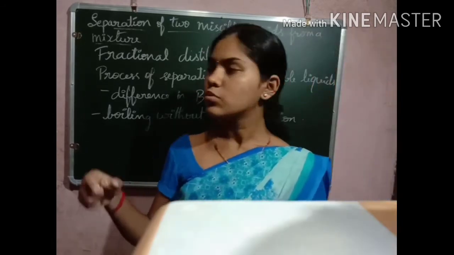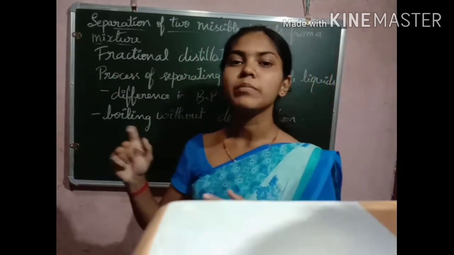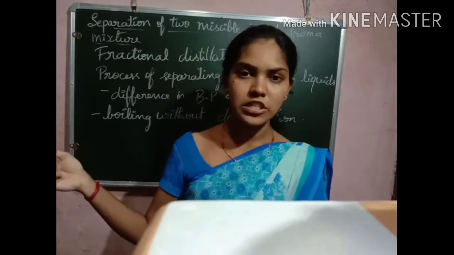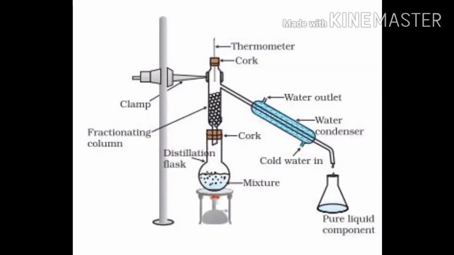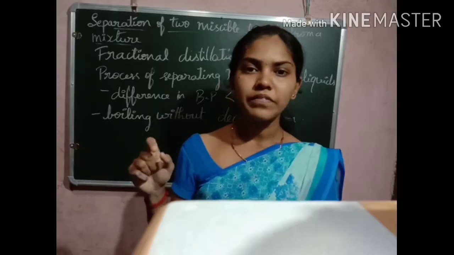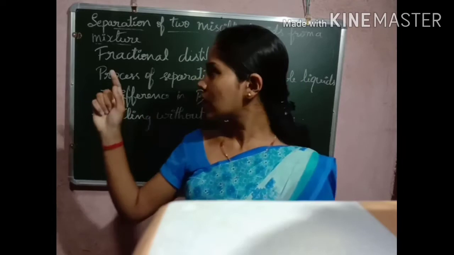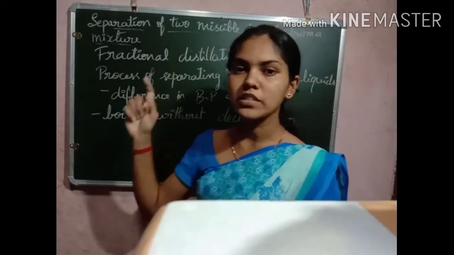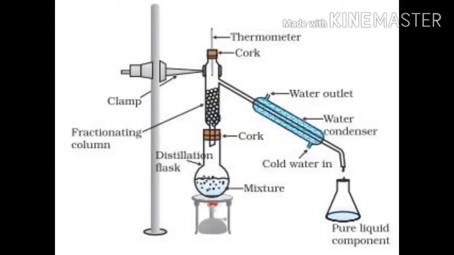The apparatus used in fractional distillation is similar to the simple distillation apparatus. The difference is that in the fractional distillation apparatus, one fractionating column is attached to the apparatus. This fractionating column contains glass beads.